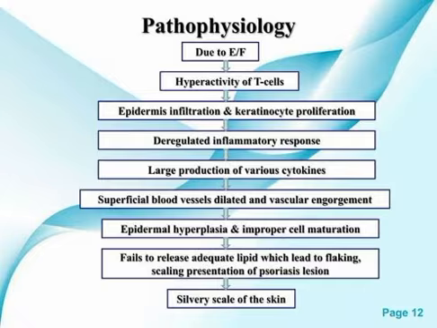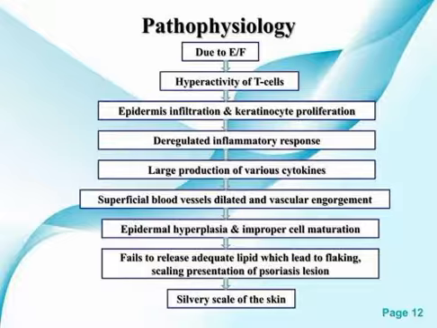After that, from the deregulated inflammatory responses, there will be large production of various cytokines. Cytokines are nothing but inflammatory mediators. Once there is large production of cytokines, it may lead to superficial blood vessel dilation or vascular encroachment.